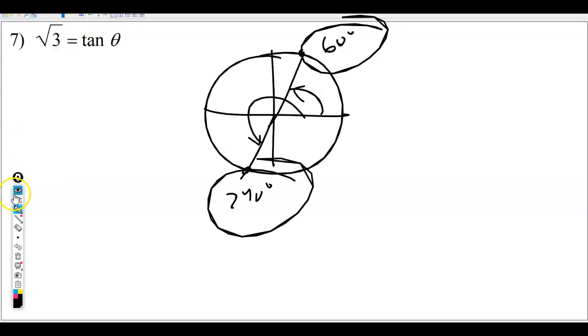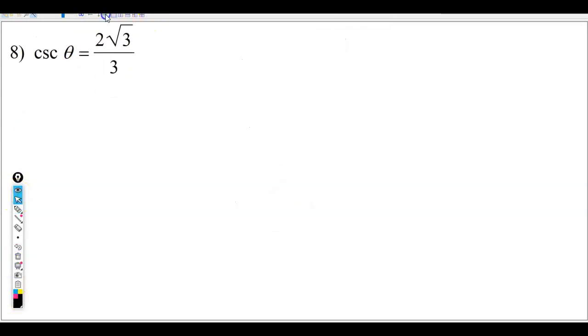Let's move on to another one. Cosecant of theta equals 2 radical 3 over 3. First of all, we want to take the reciprocal on both sides.